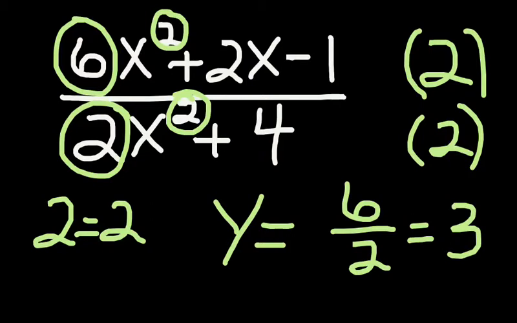Remember, it's the leading coefficient of the numerator divided by the leading coefficient of the denominator. So you have three possibilities.